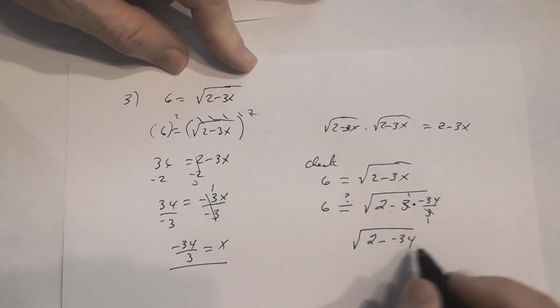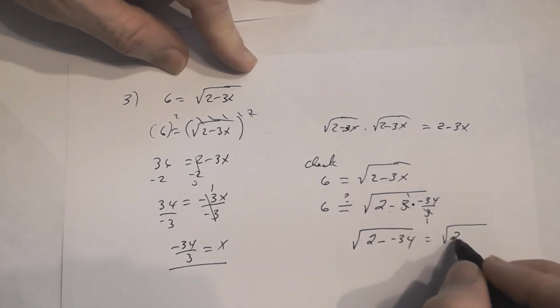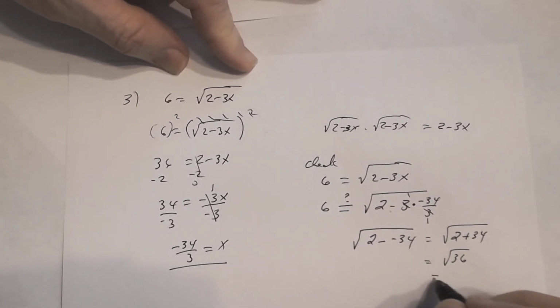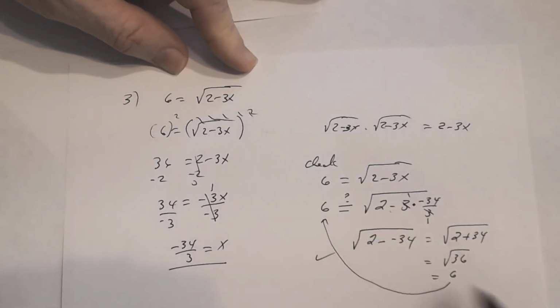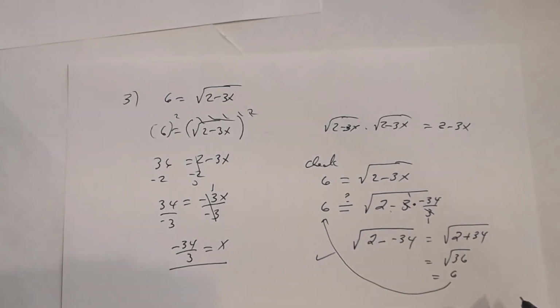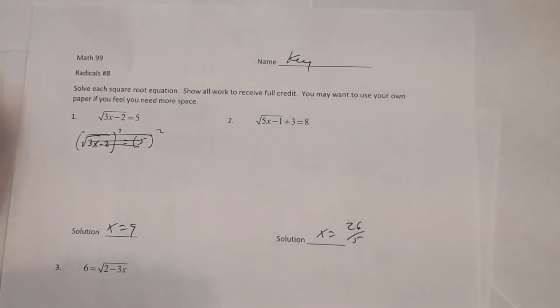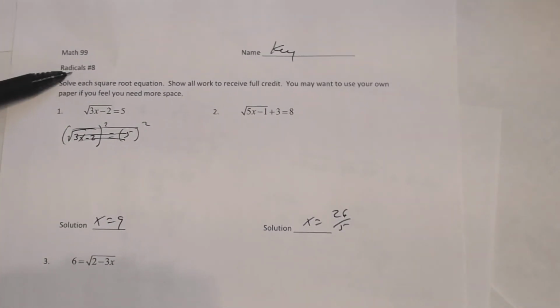So 2 subtract a negative 34 becomes the square root of 2 plus 34, which is the square root of 36, which is 6. And 6 does equal 6. So that is the answer to number 3. In number 3, we have negative 34 thirds, and that is the key to worksheet number 8.